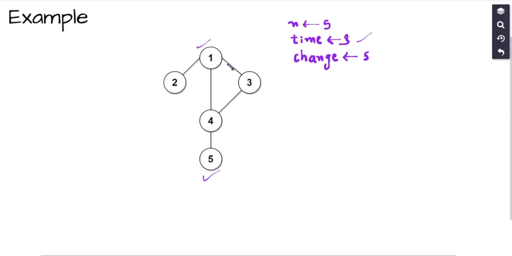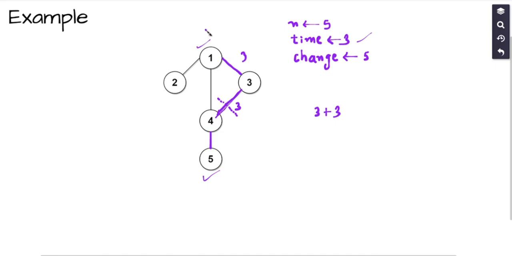One of the ways would be to move from 1 to 3, consuming 3 minutes, then from 3 to 4, consuming yet another 3 minutes, finally from 4 to 5, consuming yet another 3 minutes. And here I can see that while I'm traversing the edge 3 to 4, at some point the lights will be flipped.